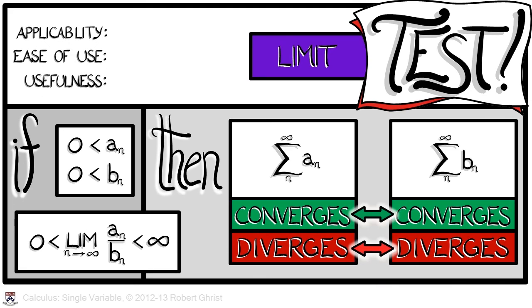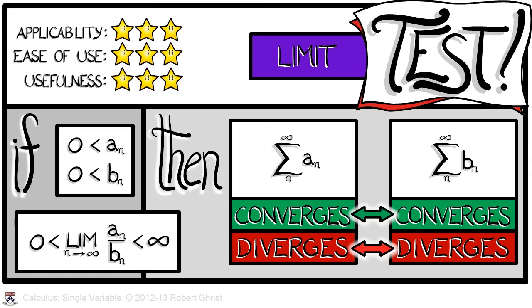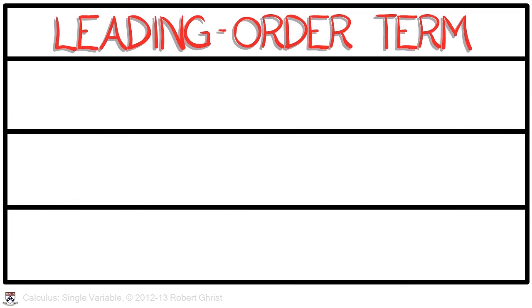This is a wonderful test, very easy to apply and to use, and its overall usefulness is very high as well. Let's see some examples where we compute the leading order terms, just as we did with improper integrals.